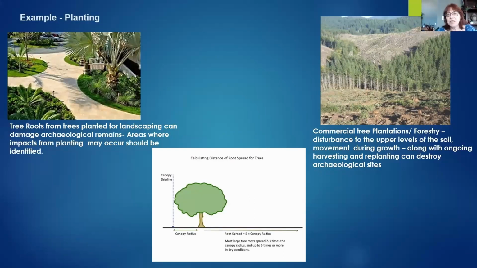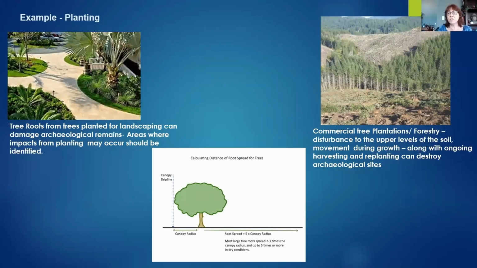Finally, commercial tree plantations up on the top right-hand corner. They're very destructive to archaeology. They obviously are ongoing. They plant trees, they remove the trees. The machinery that goes in to remove the trees is massive. They have big trucks and obviously the transportation of the logs out of there.